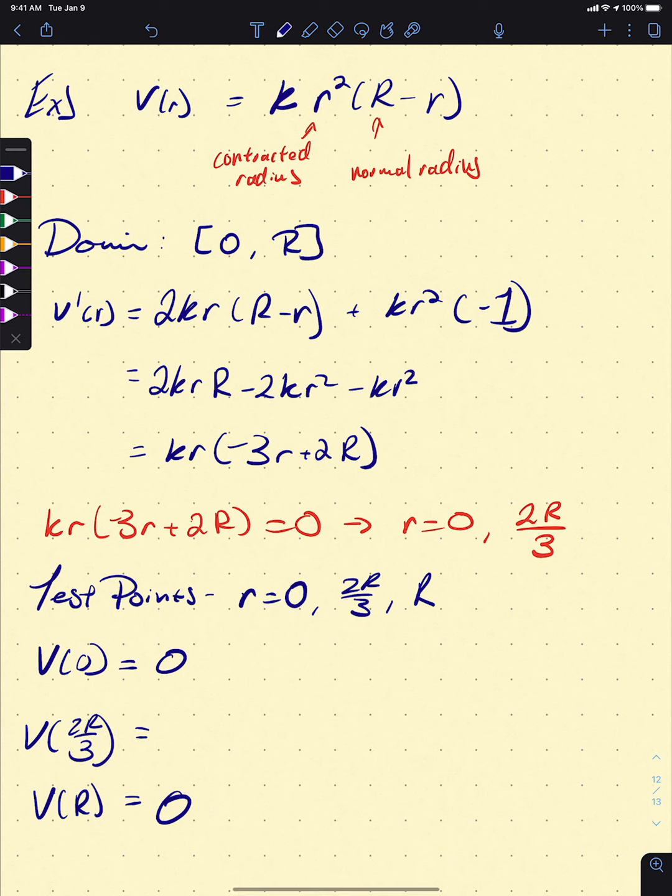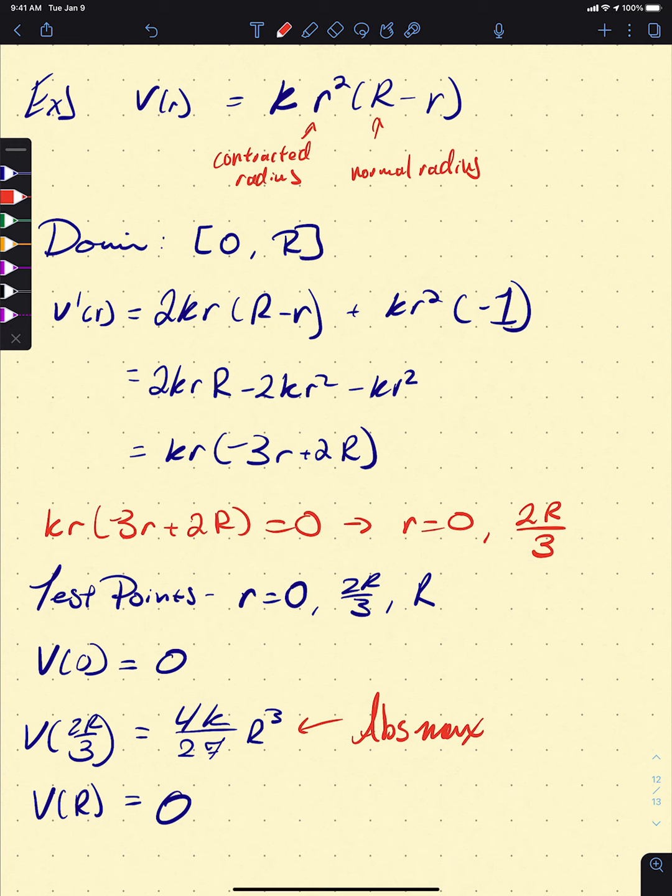If we put in 2R over 3, I'll let you run through the math on this. It ends up being a handful of algebra to simplify this, but it's not difficult. It may be a bit tedious. This comes out to 4k over 27 R cubed. But R is positive and k is positive. So this is my absolute maximum.